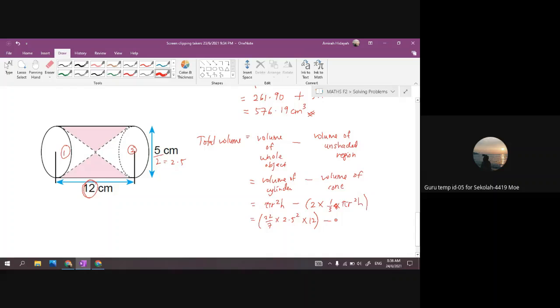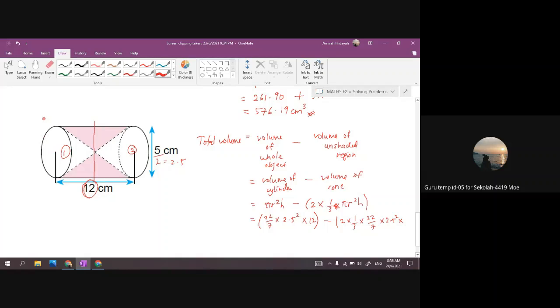Minus 2 times 1/3 times pi times r square, 2.5 square times height untuk cone. So who can tell me the height for the cone? So anyone? 6 here. Why 6? Because 12 divide by 2 is 6, right? Ya, betul.